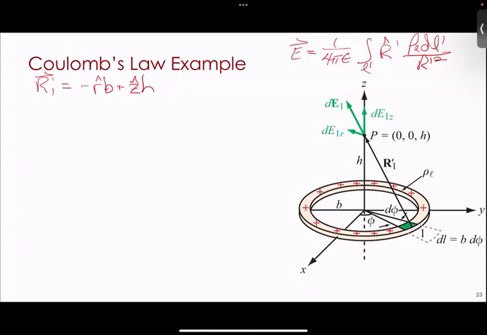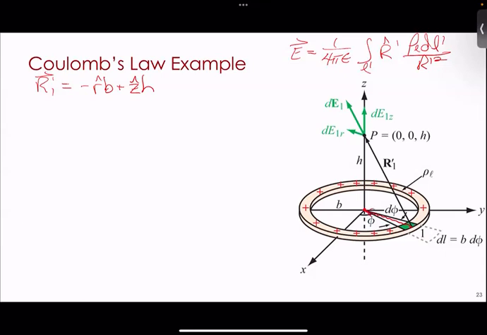So remember that R hat points from the origin outward in the XY plane. So this one should point from here out to here, but we have minus R hat. So it's pointing inward.